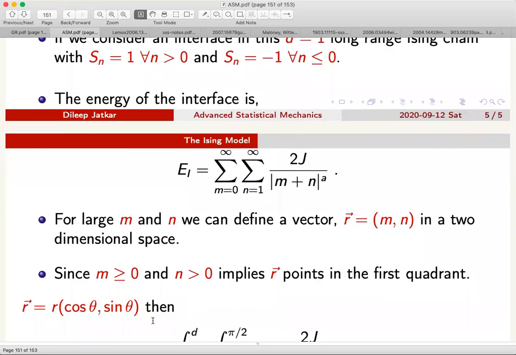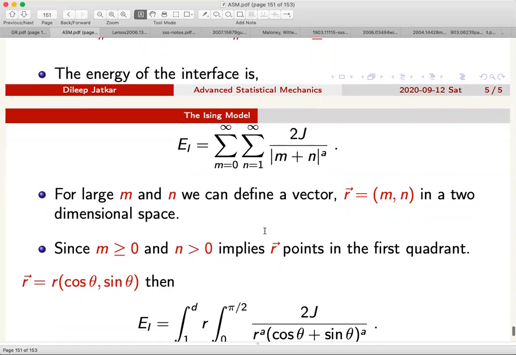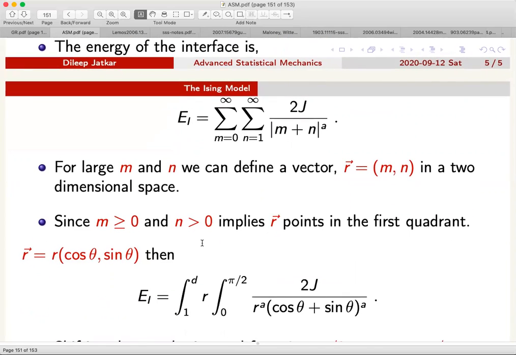And if you do that, then you can replace this double sum by a double integral on the first quadrant. So the interface energy can now be written as integration from 1 to, sorry, this should have been infinity.